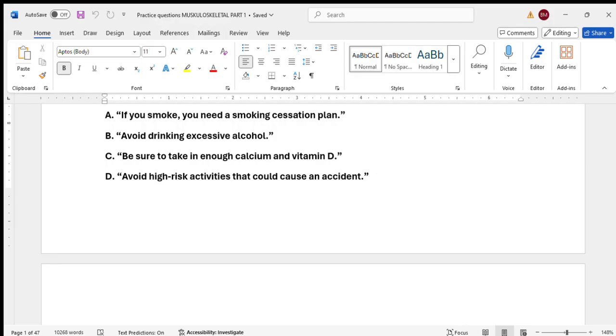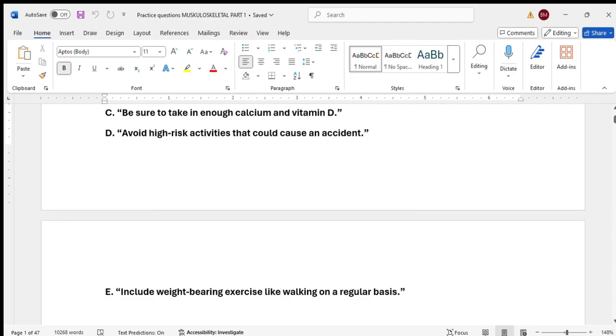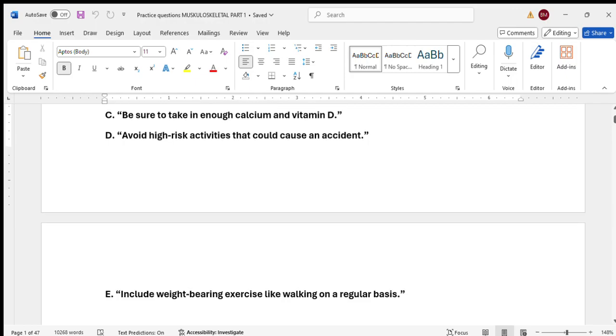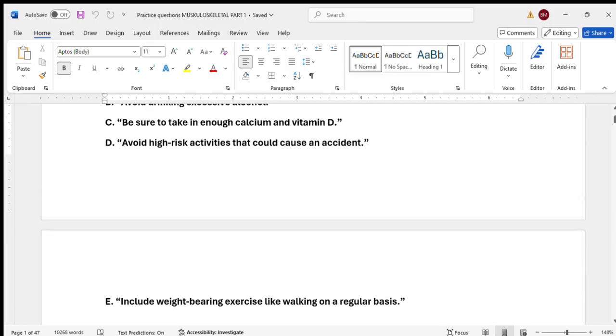So C stands for calcium, D for vitamin D, and the last C is vitamin C. Okay, in this particular question, they are mentioning 2 of 3 factors, right? So it's calcium, vitamin D, and then avoid high-risk activities that could cause an accident. Of course, you don't want to have any broken bone or hip, and include weight-bearing exercise like walking because this is going to give strength to your muscles.